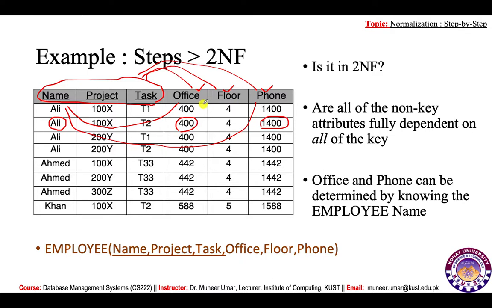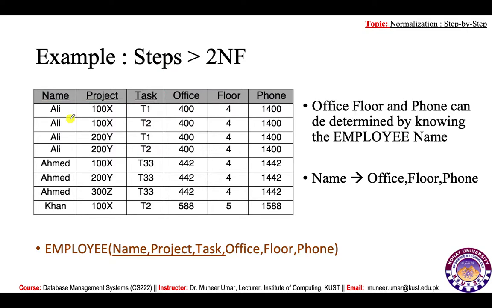These are also determined by name, or we can say that office is dependent on name, phone is also dependent on name. So there exists partial dependency in this table. So we can say that name can determine office, in the same way floor and phone. So these are dependent on name.